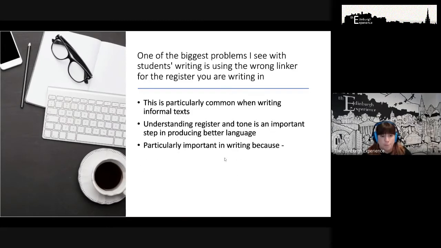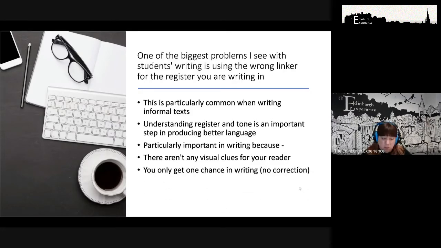It's particularly important in writing more than speaking, because remember that when you're writing, there aren't any visual clues for your reader. If you're speaking to me and you use a very formal word when you're speaking informally, I have enough context to understand what you want to say or what you want to mean. When you are writing, your audience does not have that information.